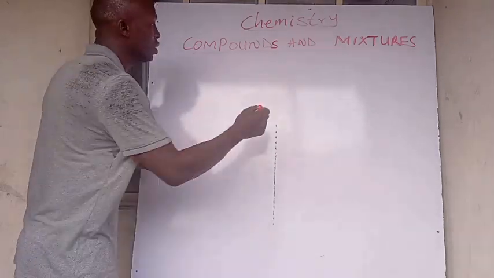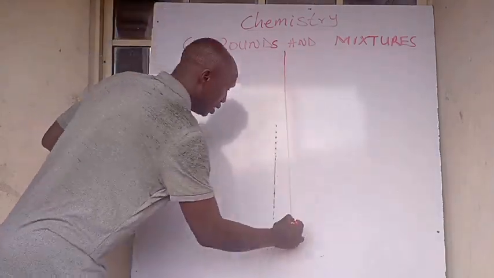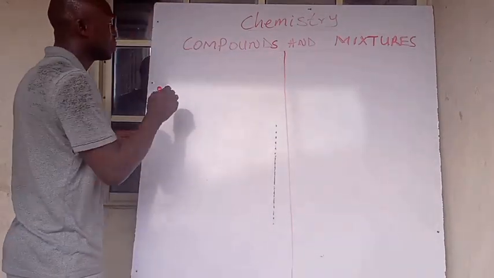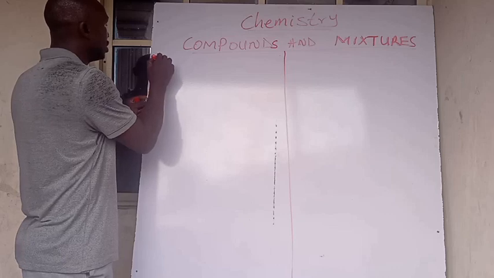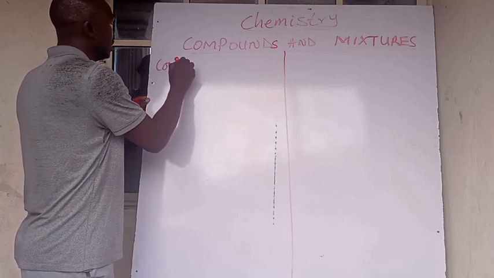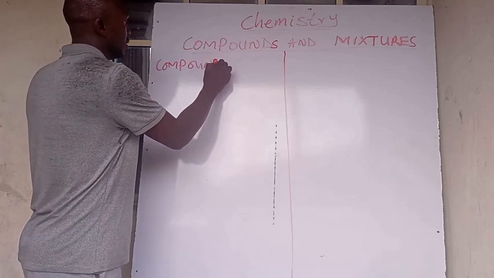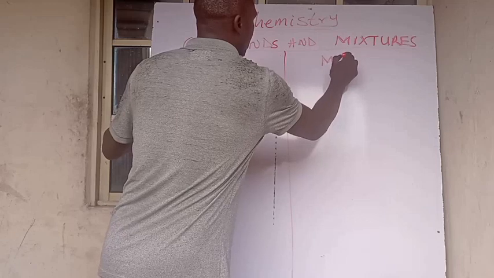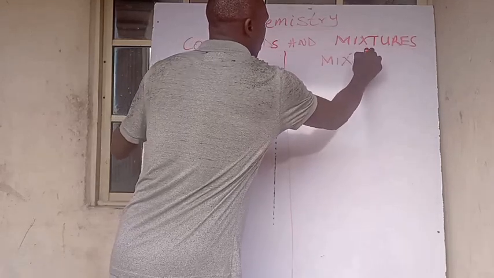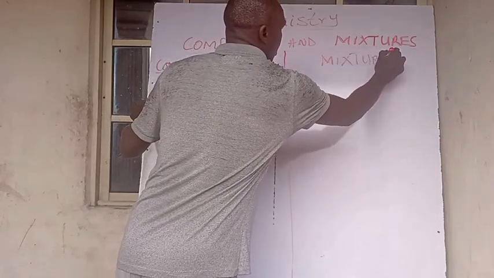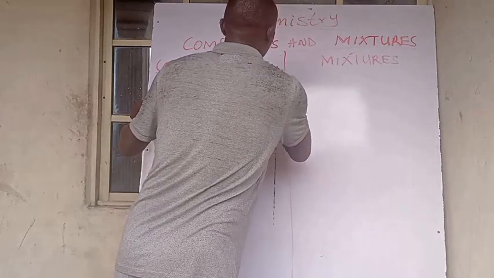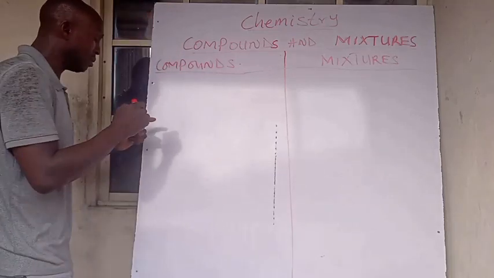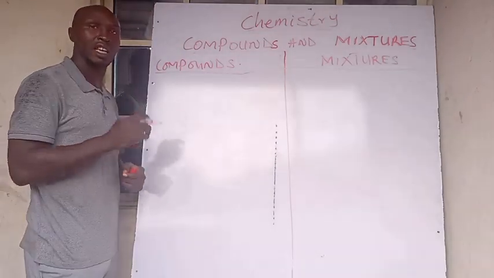So, permit me to share the board into two parts, where I'll have the compound discussion and also the mixtures discussion. Let me start by defining what a compound is.